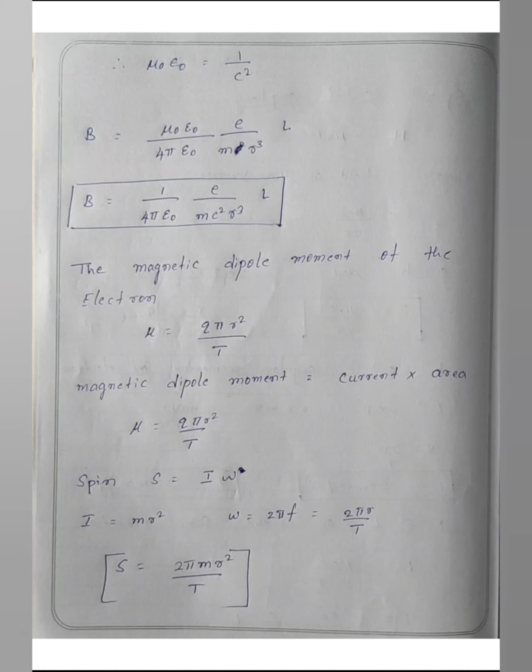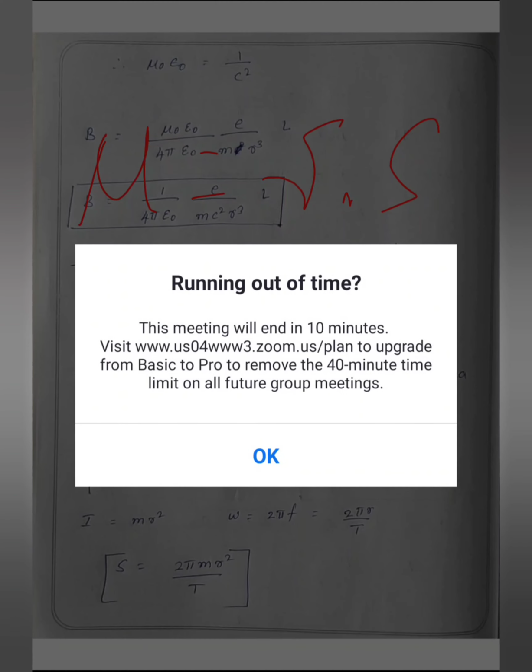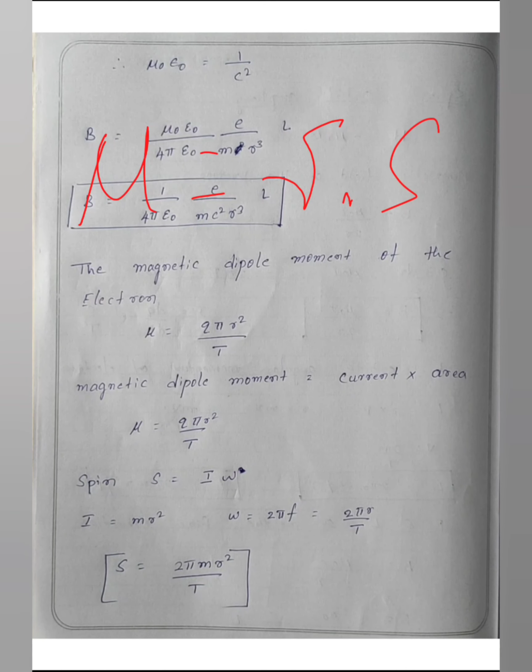You already know about the spin and the relation between the spin and the magnetic moment. In the previous class you saw the relation between the magnetic moment and the spin. So mu is equal to gamma times S. What is gamma? Gamma is the gyromagnetic ratio.